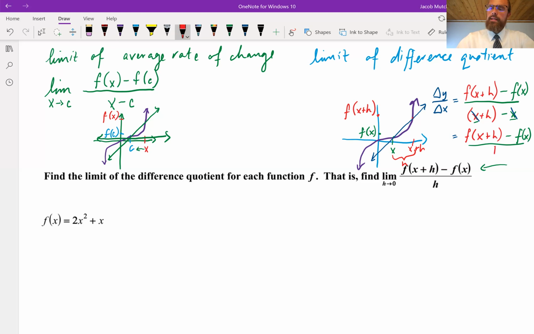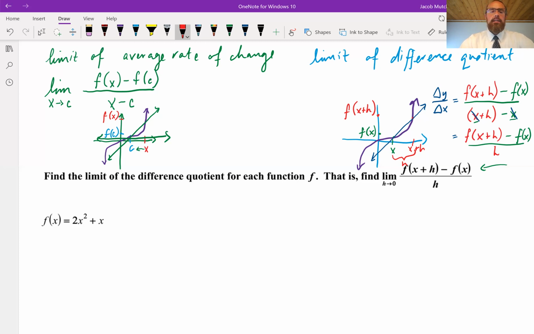So again, what that describes is the slope of the secant line, the line that crosses our function at 2 points. Where we're headed in calculus is what's the slope of the tangent line, and that really forms the basis for our idea of the derivative.